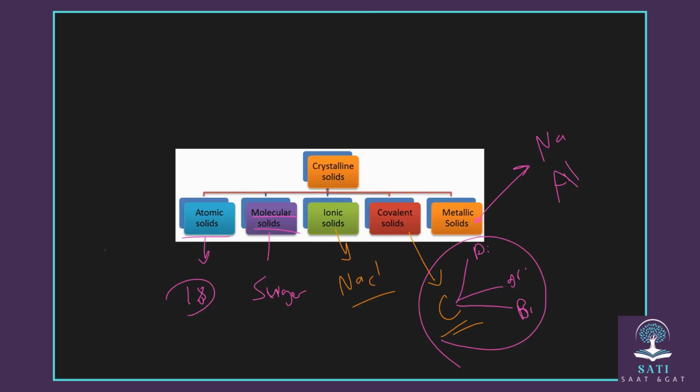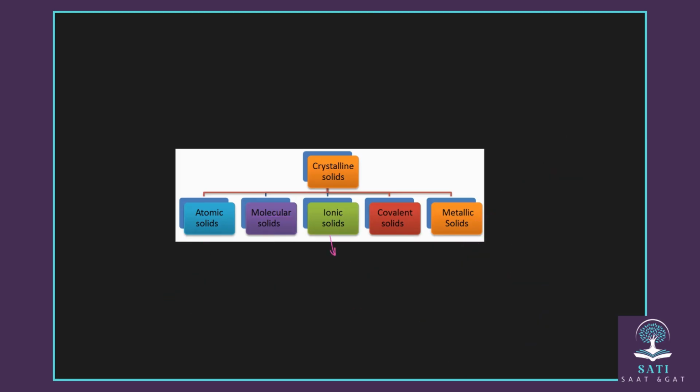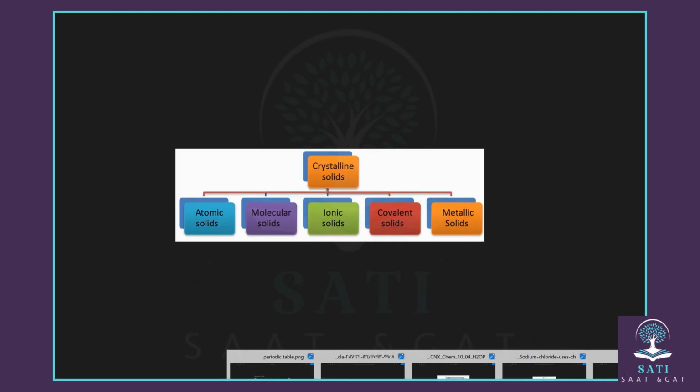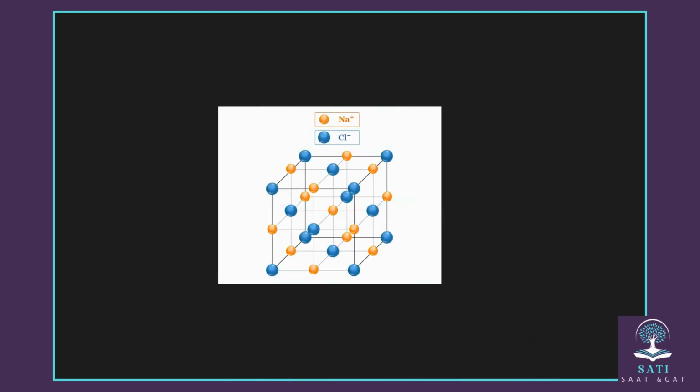Now we'll talk about ionic solids, just in one case we're going to add. If we go back to the first picture here, as we said, this is an ionic crystal, NaCl. If I have one atom of Na and one atom of Cl, we have one molecule of NaCl.